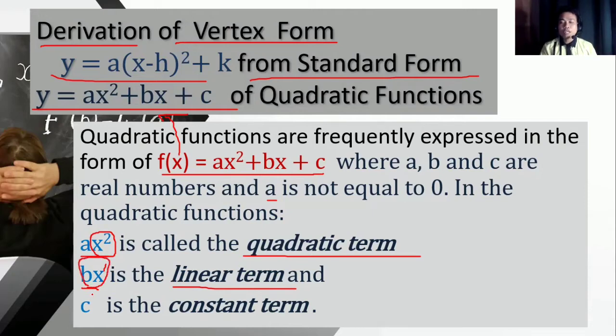So hindi lang po yun na isusulat as exponent of 1. So nandun na po sa bx yung exponent ng 1. Then the last term, which is c, is also called the constant term. Okay, let us proceed.